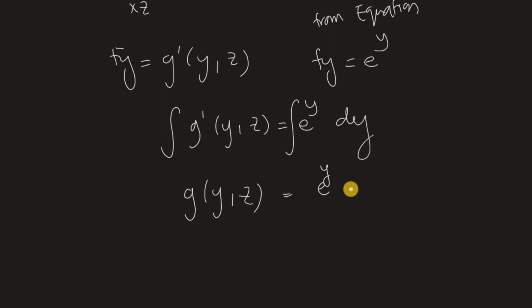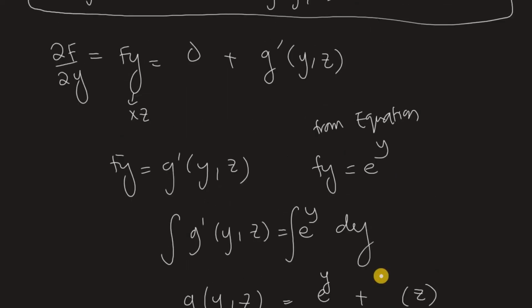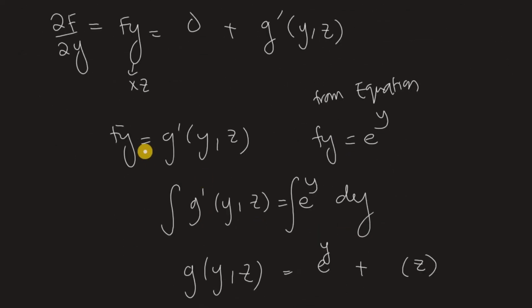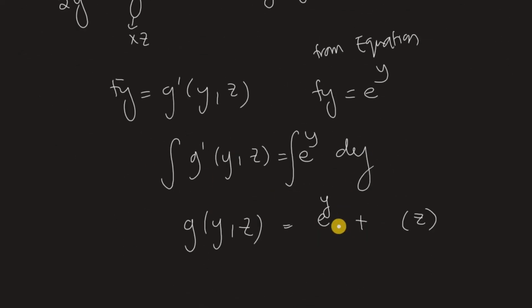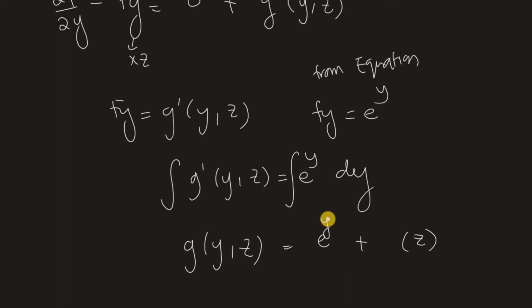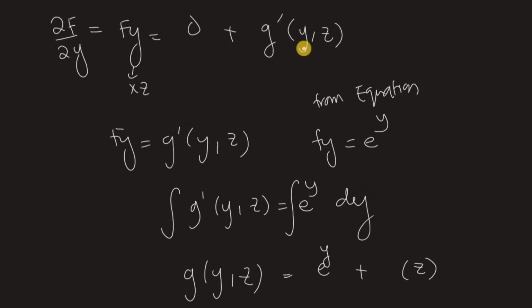And remember, when we take the integral, there's always a plus c over here, but here this plus c is going to be in terms of z, the constant z, because here we took into consideration that there are two constants, y and z, and we dealt with the y, and we figured out that the part that belongs to y is e to the y. So we got our y constant already.